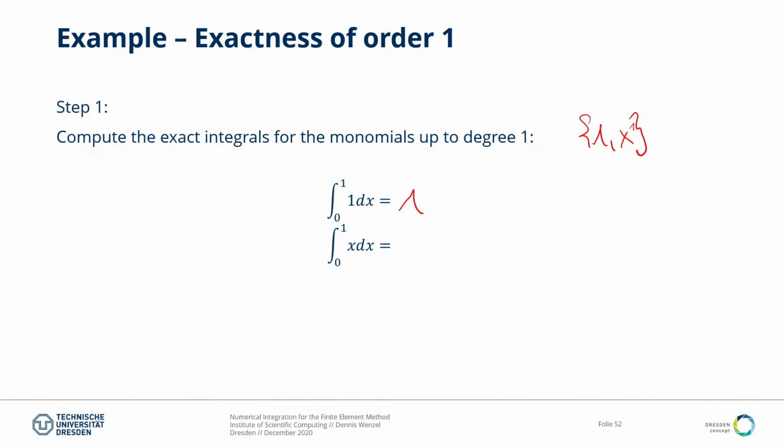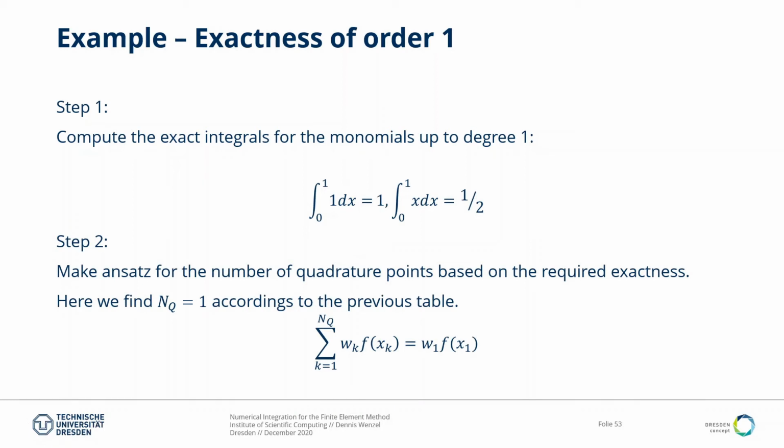And if I integrate the function x, this gives me 1/2 x squared as a primitive, and integrated from 0 to 1, that is 1/2 times 1 squared minus 0, so that's 1/2. Here you see why it is actually simple: when you only have to compute the integrals for those monomials, you can always do that quite simply.